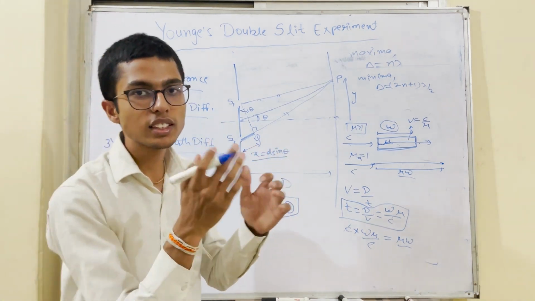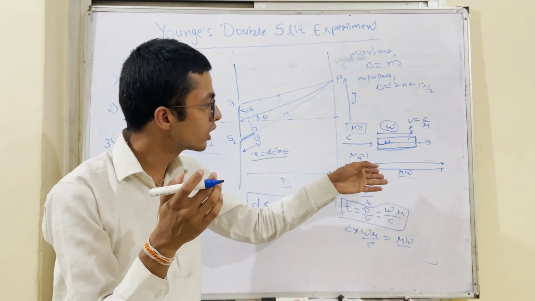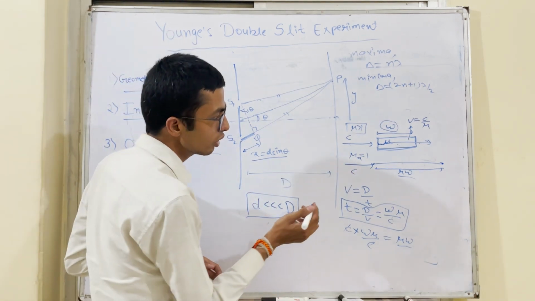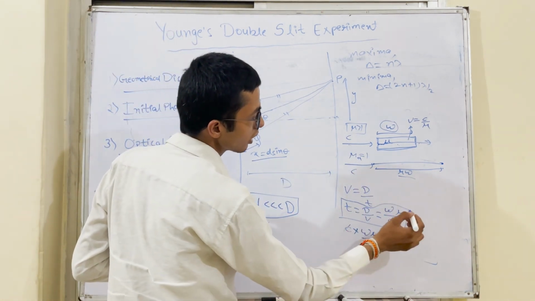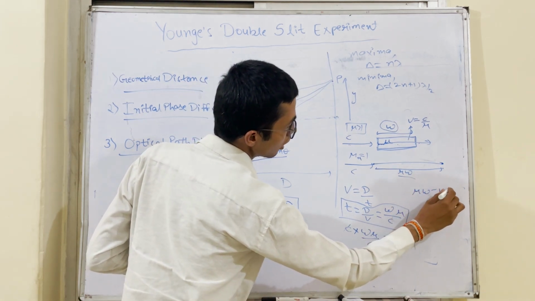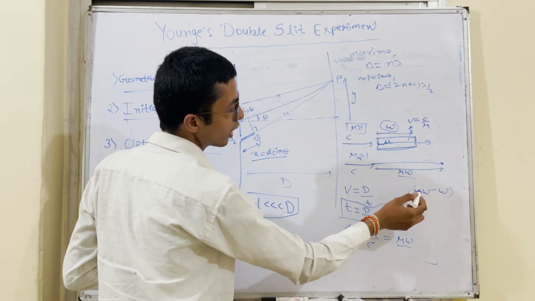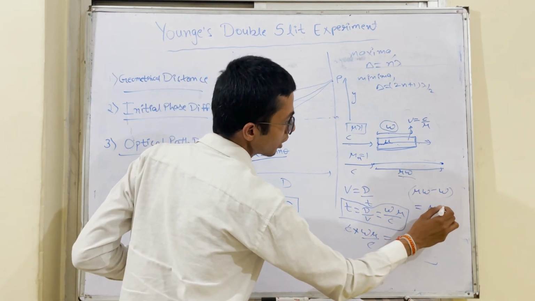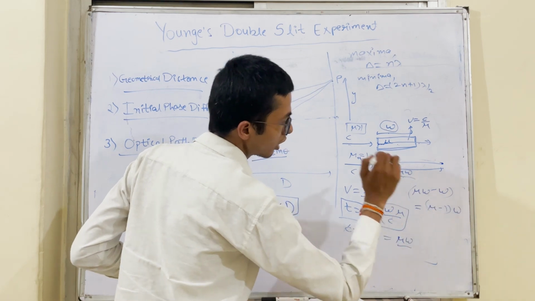So what extra path does this wave in air cover? It covers the extra path mu w minus w, because this one travels w and this one travels mu w. So what is it? (Mu minus 1) w.